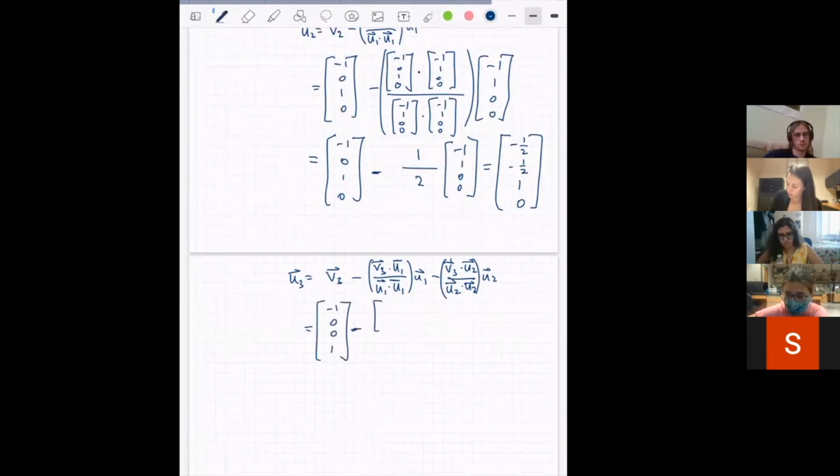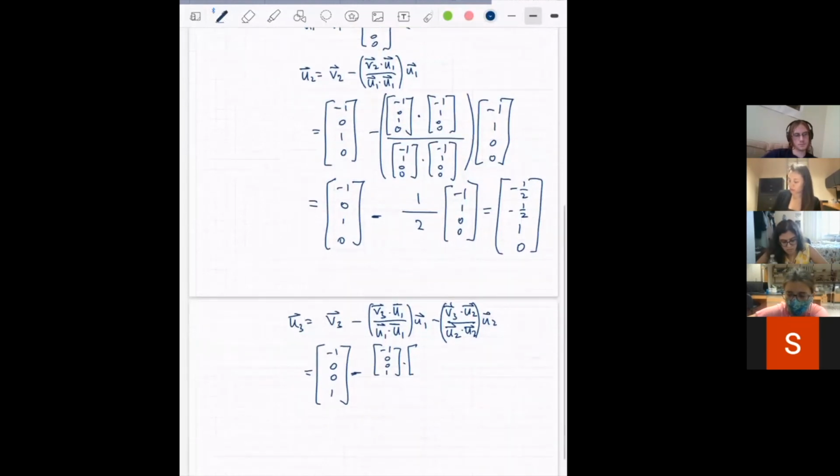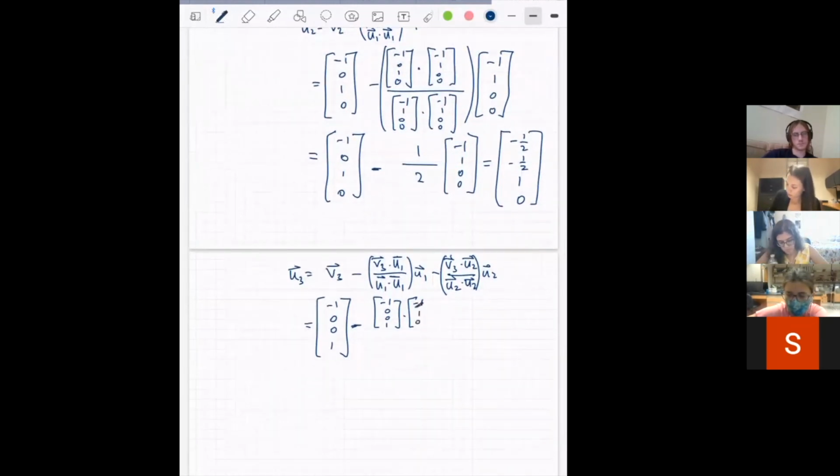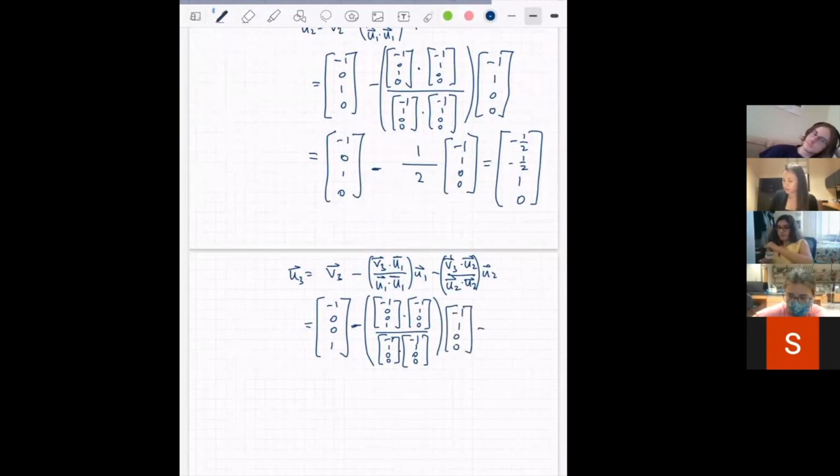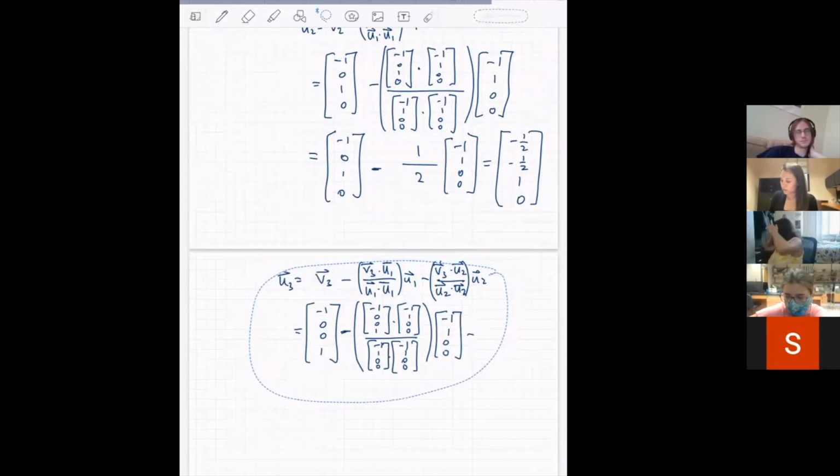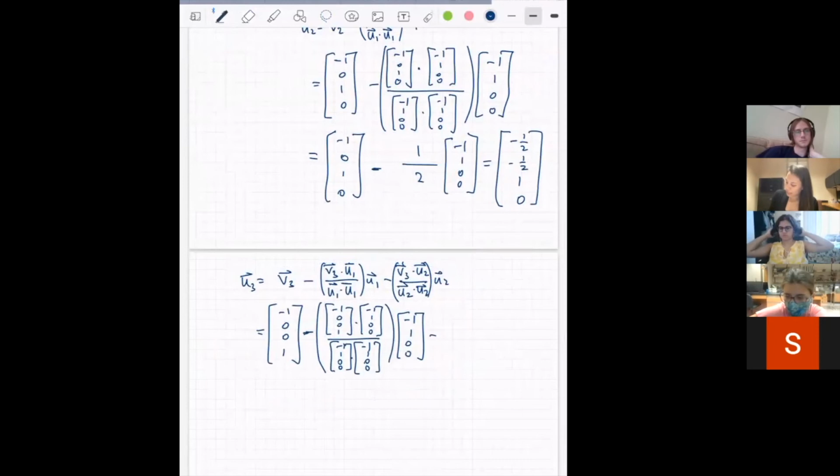And this first part, you get minus 1, 0, 0, 1 dot U1, which is right here, it's minus 1, 1, 0, 0, times that vector minus, for this term we get V3 dotted with U2, so that's this guy right here.